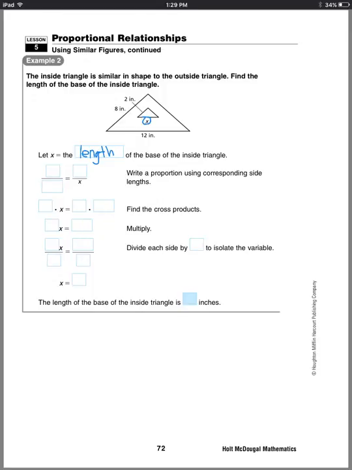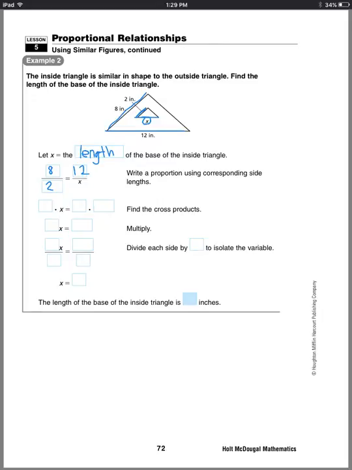So if we have the x of the little triangle here, our little triangle needs to go here as well. Now the corresponding side with x from the big triangle, since the x is this line, the corresponding side is here, and it is 12. And the corresponding side of the little 2 is the 8. So notice how we kept our big triangle lengths up top, our little triangle lengths in the bottom.